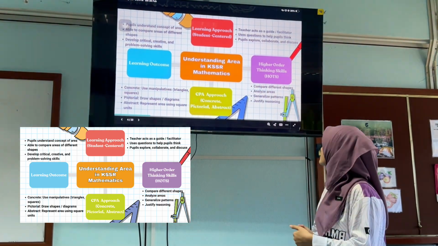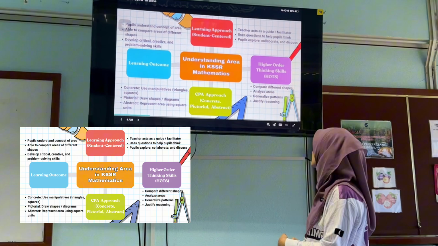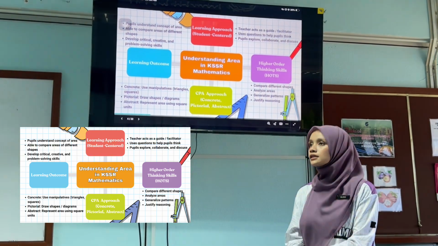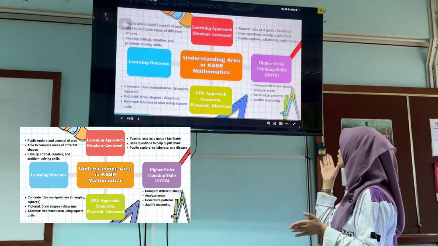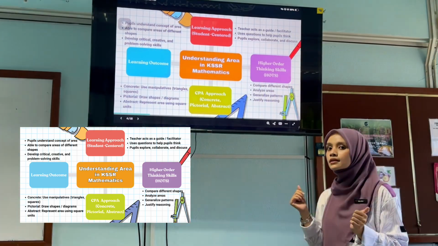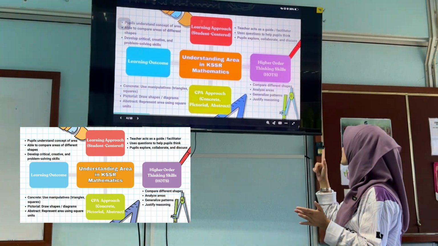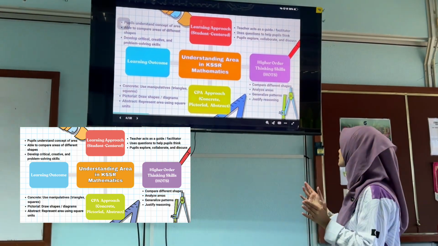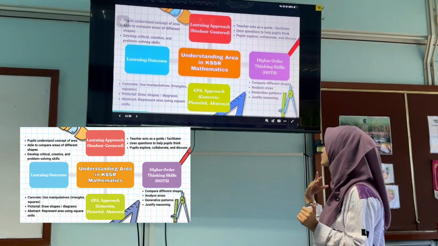The second one is higher order thinking skills, HOTS. The importance of HOTS is students can compare, differentiate, analyze the area, generalize the pattern, and justify the reasoning.